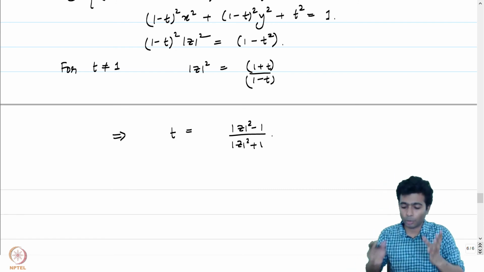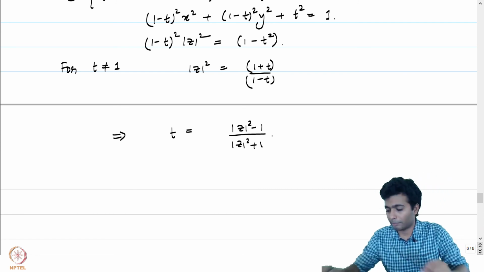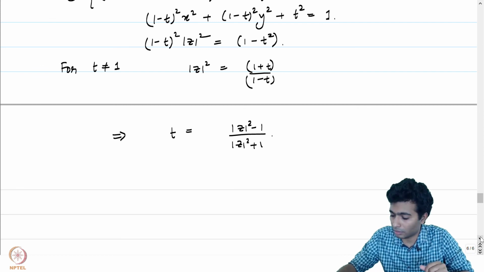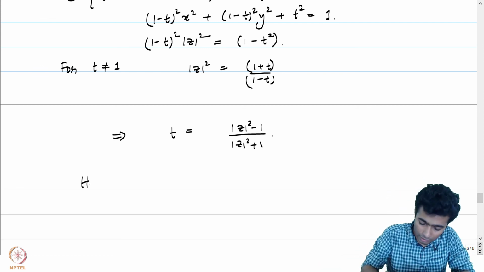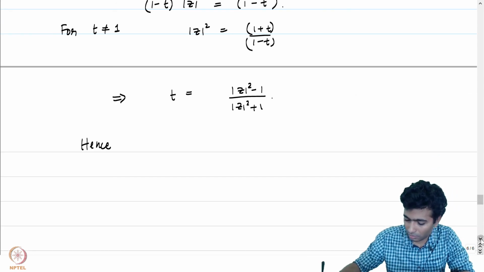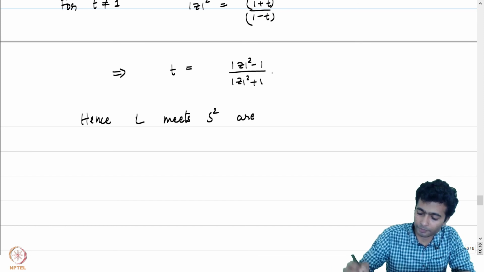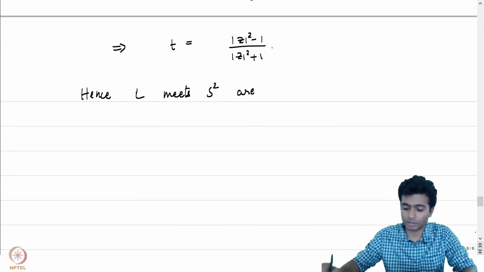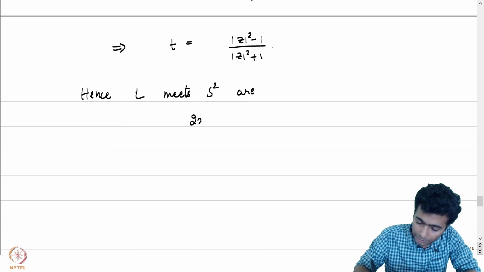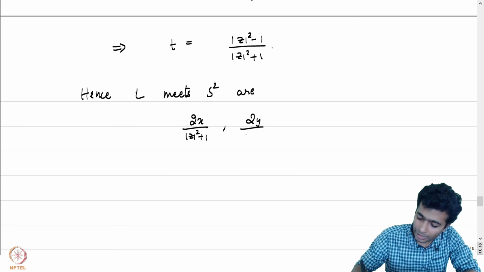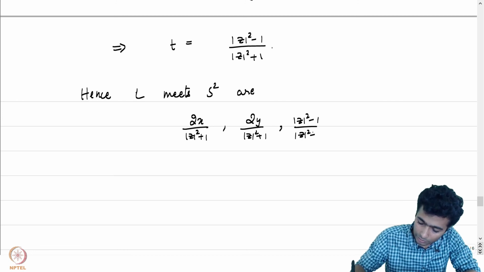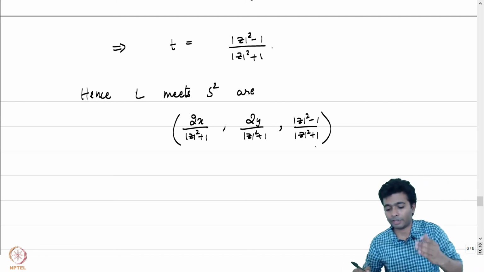So this is precisely the parameter t at which it touches the unit sphere. Hence, L meets S2 at 1 minus t times x, which is going to be 2 times x by mod z square plus 1, 2 times y by mod z square plus 1, and mod z square minus 1 by mod z square plus 1. So this is precisely the point where it touches the unit sphere.